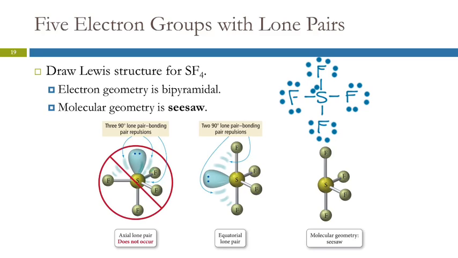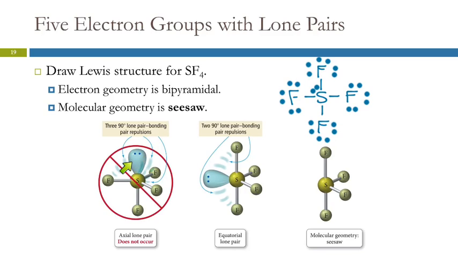But now one of them is a lone pair. The trigonal bipyramid had 2 different positions and the angles were different. So we could put the lone pair in the axial position or in the equatorial position. The angles are different. And it matters which position it's in.